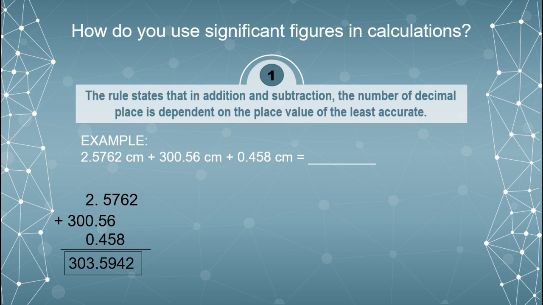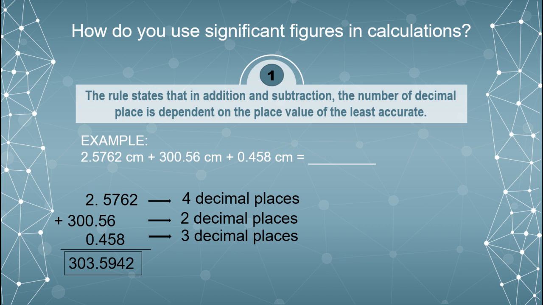Now, let's check one by one of our given numbers. So, si 2 point, kaning first nga number has 4 decimal places, meaning naa tay upat ka number after the decimal point. Okay? Then, ang kaduha, naa tay 2 decimal places, meaning 2 numbers after sa decimal point. And we have the third one, naa tay 3 ka decimal places or 3 numbers after the decimal point.